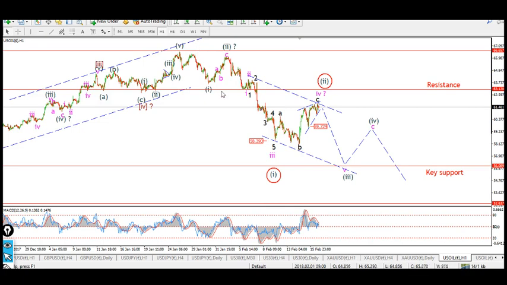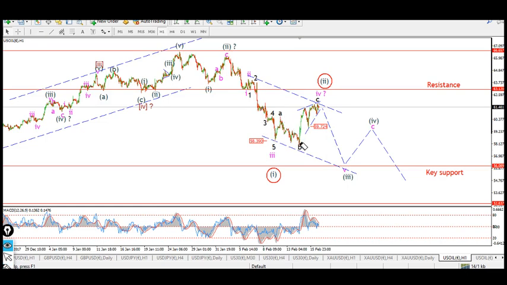So we could be talking about either 1, 2, 3, 4, 5 in gray here, or I'll start drawing that out so that we could be talking about 1, 2, 3, 4, 5 down, or 1, 2, 3, 4, and 5, depending on how you view that particular pattern in there, which is quite indecipherable.